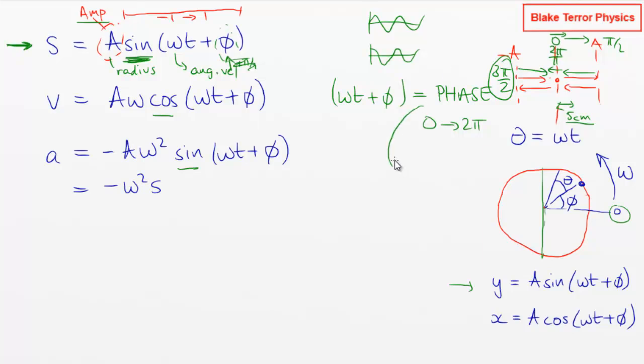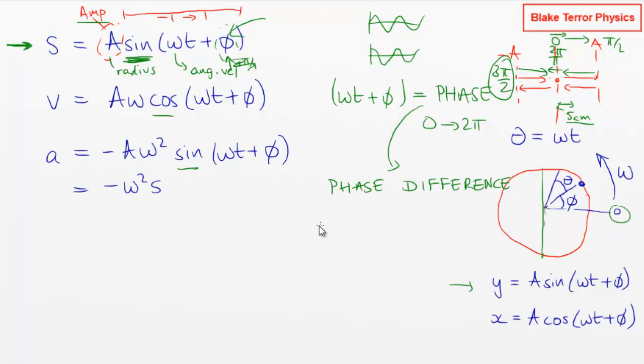This also allows us to talk about something called a phase difference. If you've got multiple particles all oscillating in the same way, but they've all been offset from each other, like they've got different phis, they've all started at a different position, but everything else about their motion is the same, they're just oscillating in the same manner about the same point, well, we can talk about the phase difference. That's just the difference in the angle.